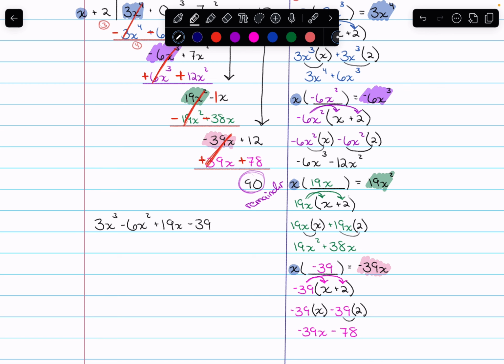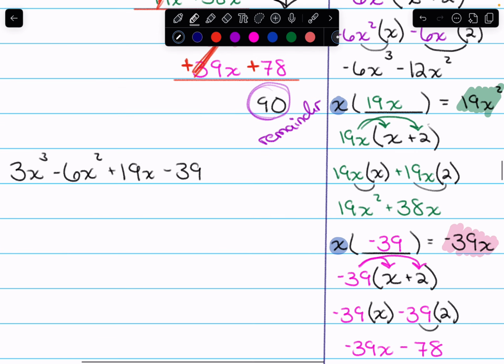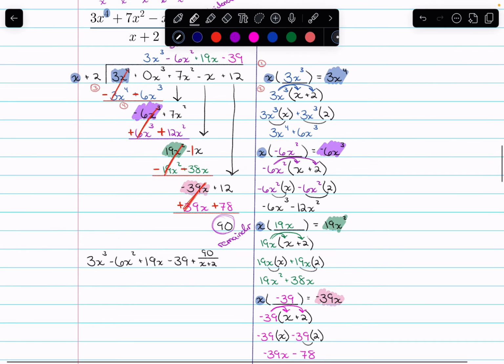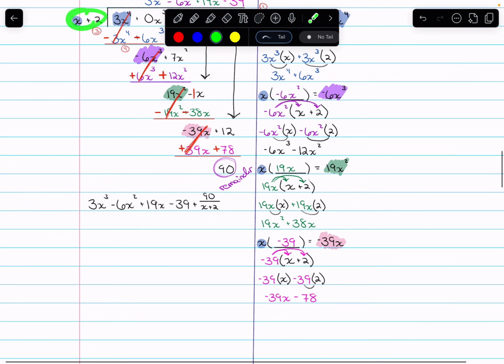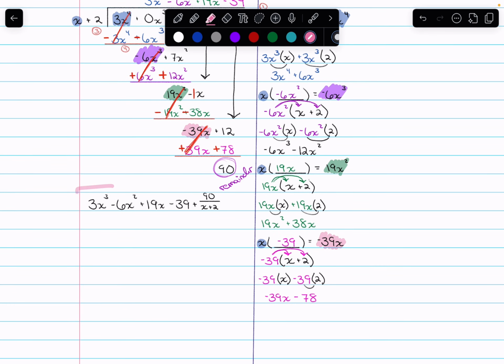Okay, that's part of your quotient, and then you need your remainder. So I'm going to do plus my remainder, 90, over my divisor, which was x plus 2. Remember, your divisor is always the number in the bottom of the fraction or on the outside, so it's by the whole thing. And then this is your final answer.